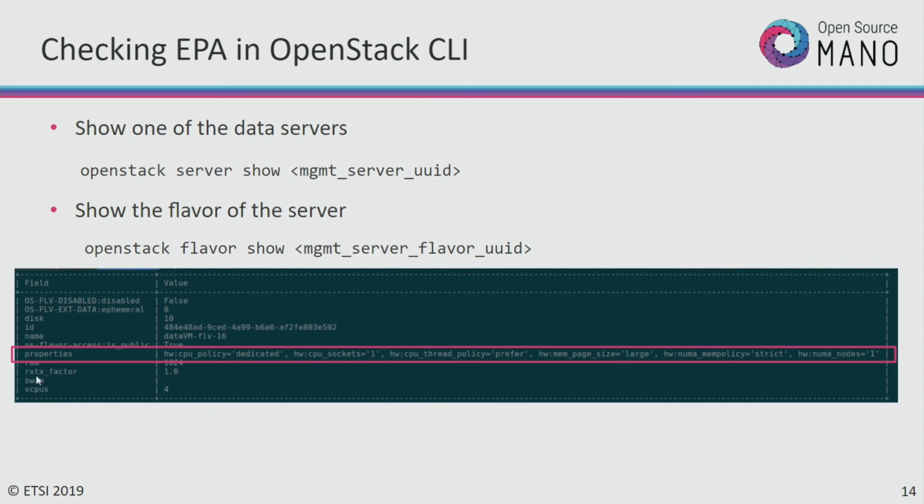And in this case, its properties should look like this. I think that this is small, but it says hardware CPU policy dedicated, which is CPU pinning, NUMA policy, and large mem page size large, and that's the way to do it in the CLI.